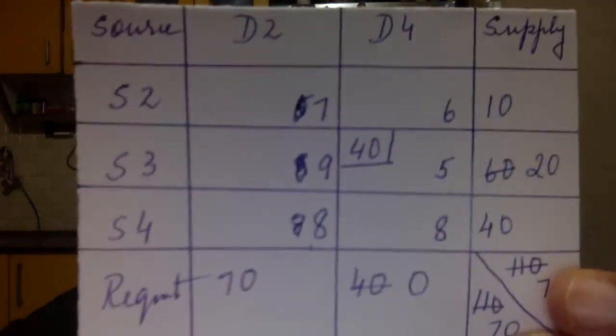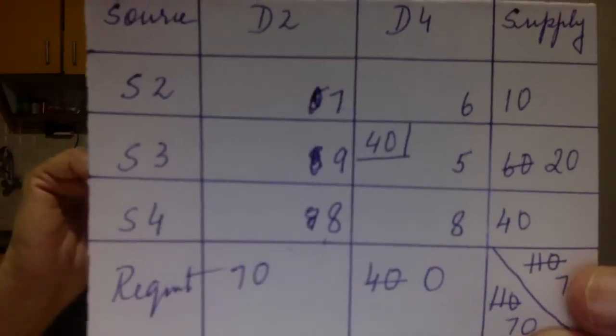We'll do one more, last one more matrix. Okay? One more allotment matrix. This is the fourth allotment. Write first, you write source. Last, you write supply.